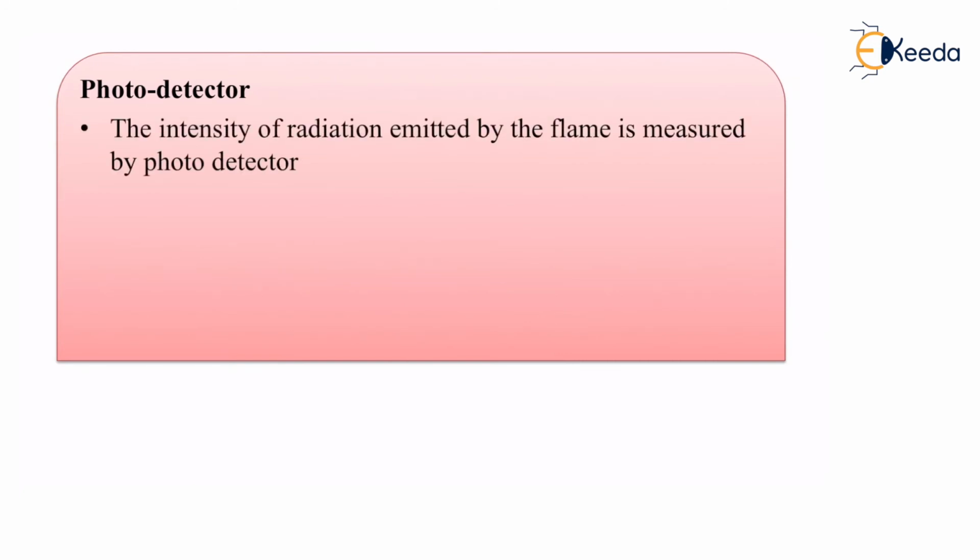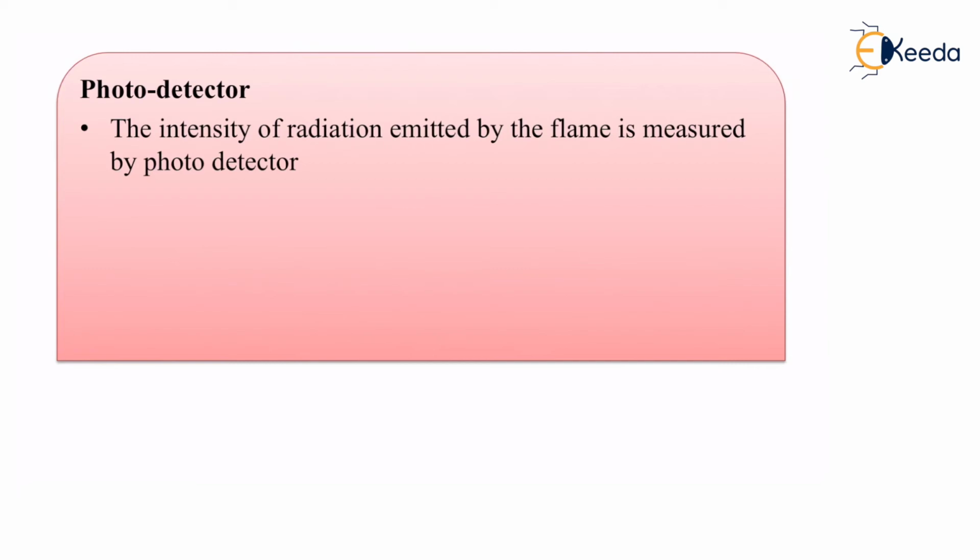The next part is known as the photodetector. The intensity of the radiation emitted by the flame is measured by a photodetector. After passing through the filters, we now have the emissions that we actually wanted, and these emissions are sent to the photodetector.